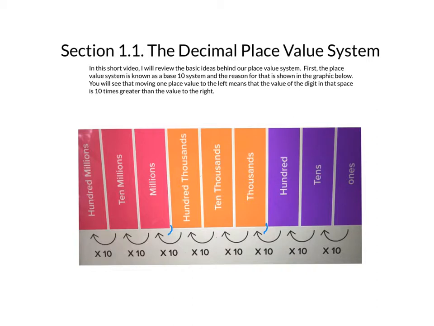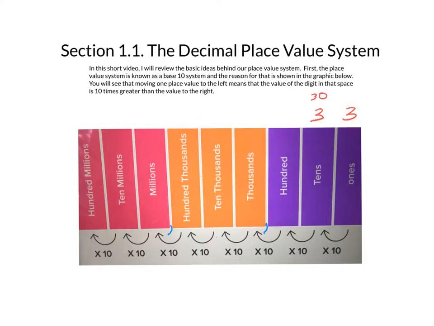For instance, if we have a 3 in the ones place, and then we have a 3 in the tens place, the 3 in the tens place is actually worth 30, or 3 times 10 to get me that 30.